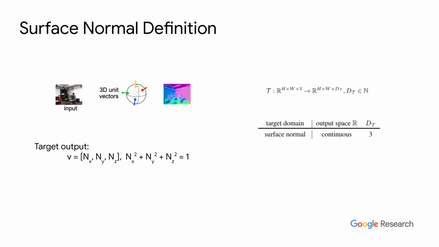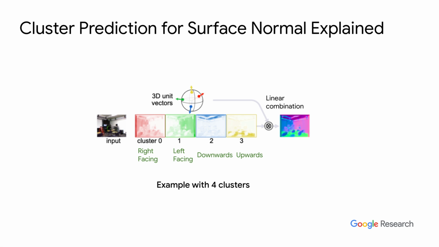For example, for each pixel, the surface normal problem aims to learn the direction that is perpendicular to the tangent plane of the corresponding point in the 3D world. So the output space is three-dimensional and continuous, and from the geometric perspective, it tries to map from the 2D image to the 3D points on the surface of a unit 3D ball.